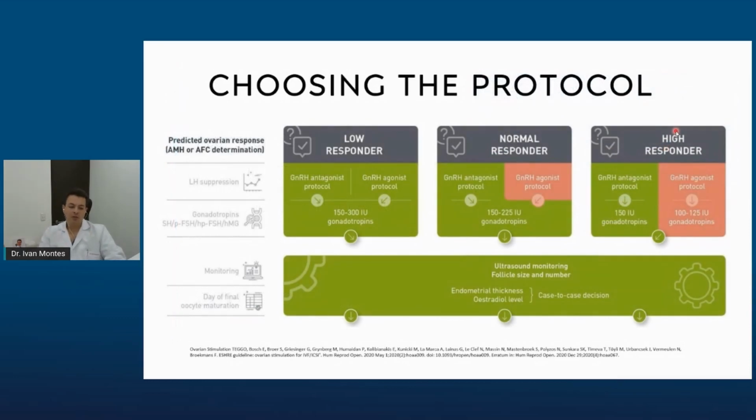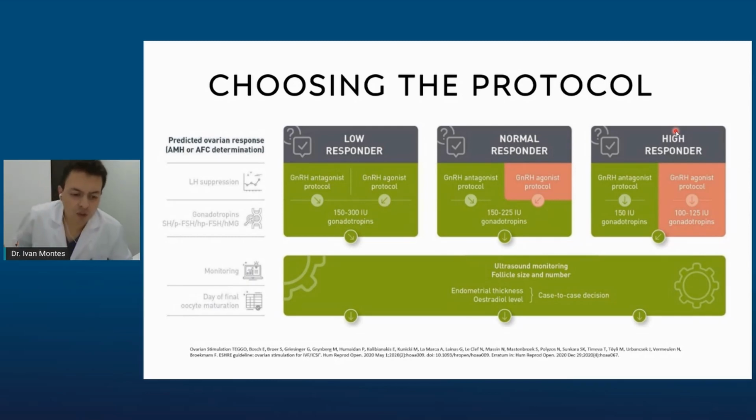So after you have made a diagnosis of poor ovarian reserve, poor ovarian responder, or low ovarian responder, and maybe have used a priming treatment in this patient, it is time to choose the right stimulation protocol.